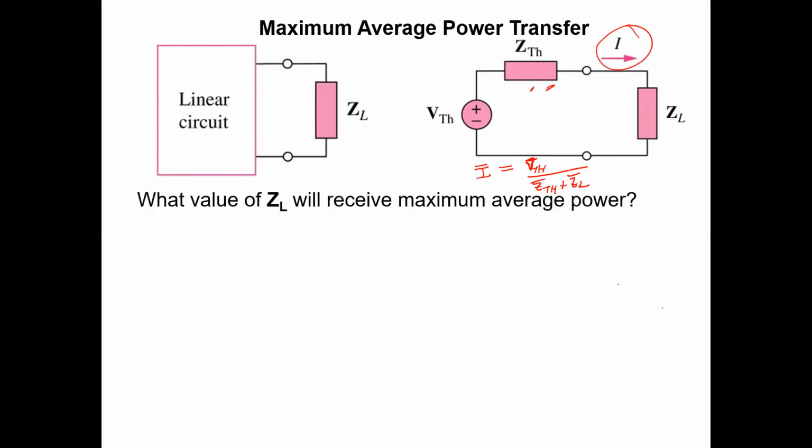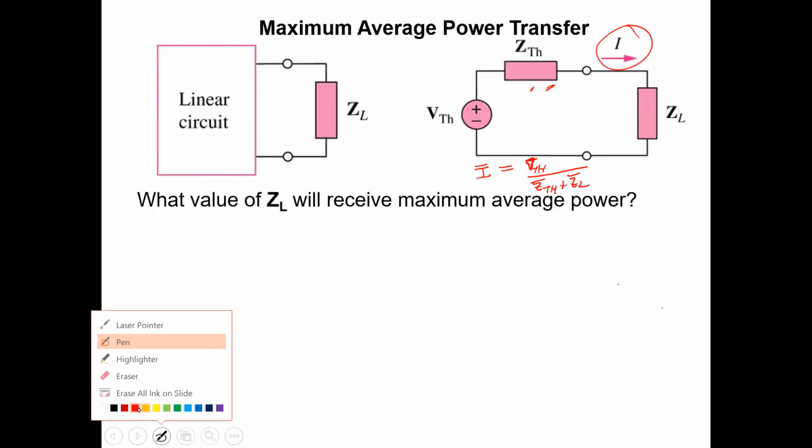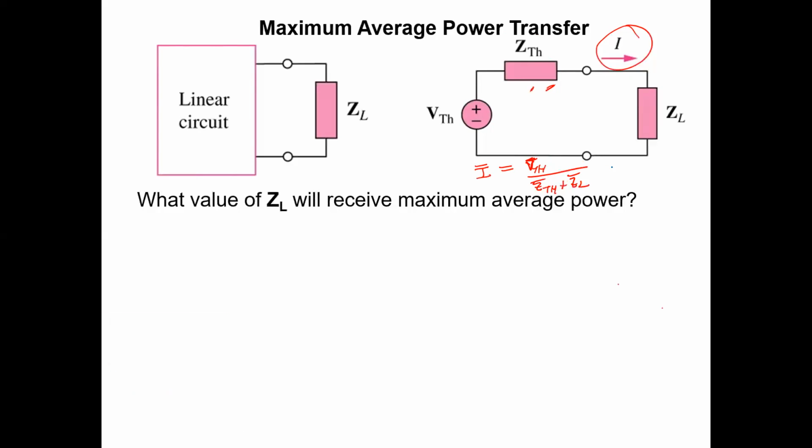And that gives us the Z Thevenin, which of course has a real and imaginary part, and so does the load. So this whole thing is going to be R Thevenin plus jX Thevenin plus RL plus jXL. We've got to look at those 4 different components. And we can use a little shorthand.